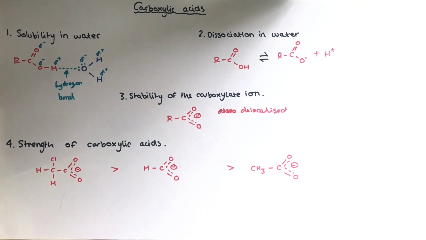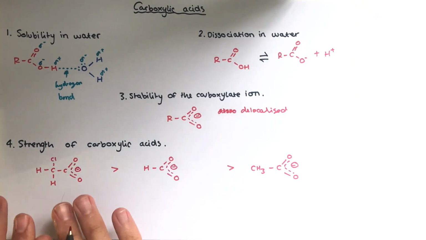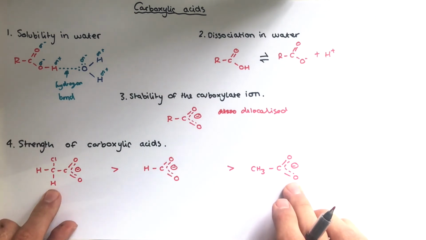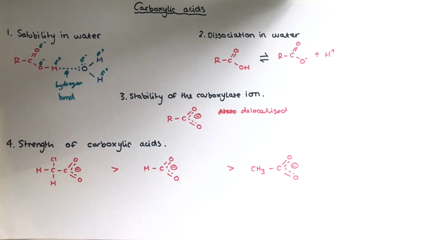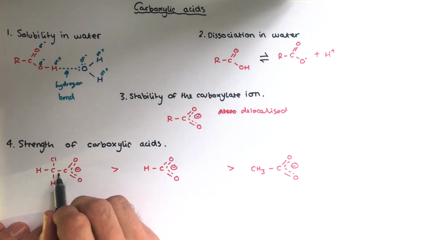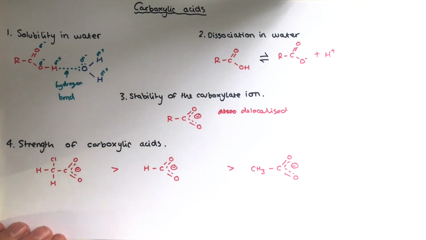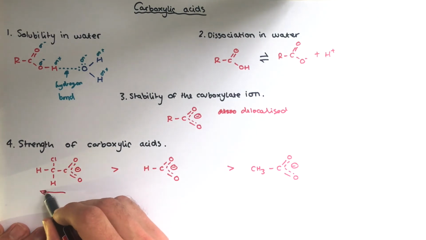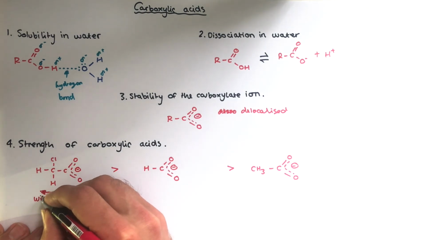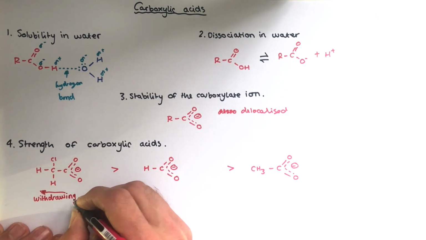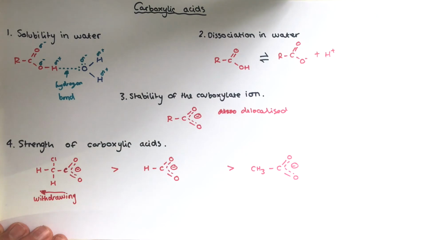Now there are key features we need to look at here. So three different examples. I'm going to explain this looking at these two examples here. In this first example, we've got a highly electronegative element, chlorine, attached to the second carbon in the carboxylic acid chain. What that's doing is withdrawing electrons from the carbons on this part of the molecule.